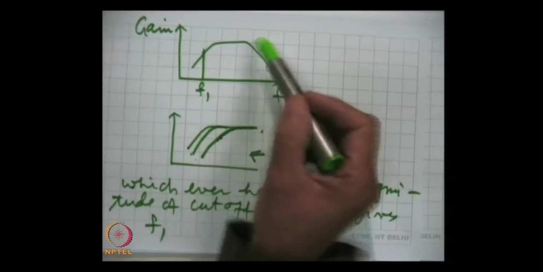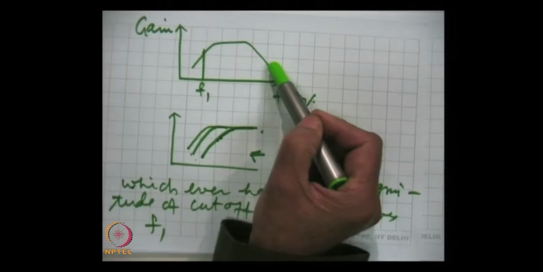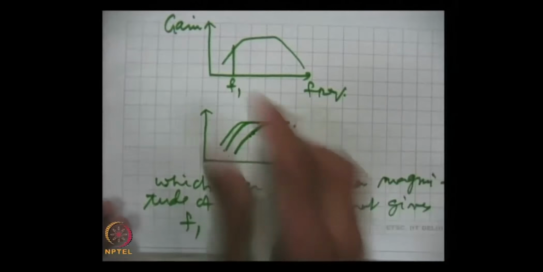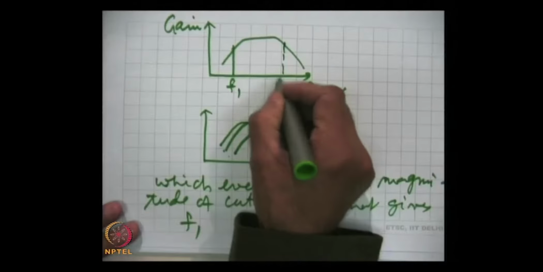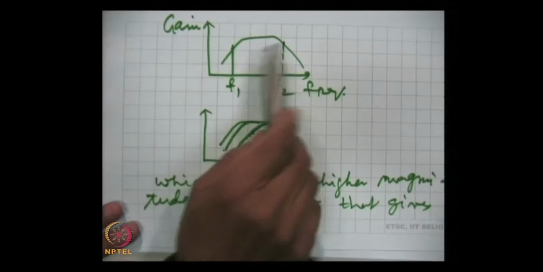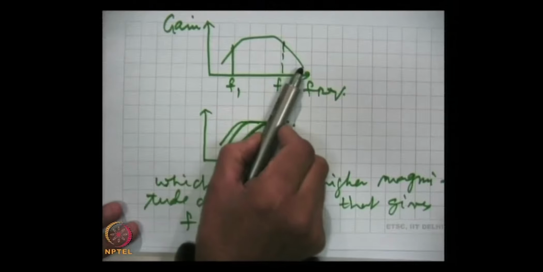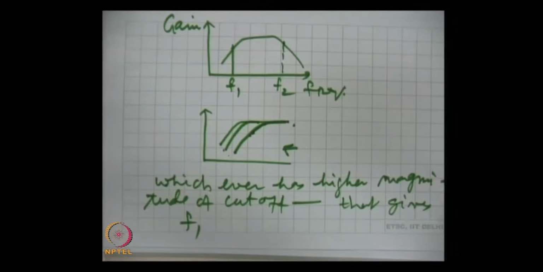Now, what gives rise to this upper cutoff? Beyond a certain frequency, for example from f2, this gain keeps on falling as we increase the frequency. Here for the upper cutoff, this is important, the role of coupling capacitors and bypass capacitors is completely ruled out.